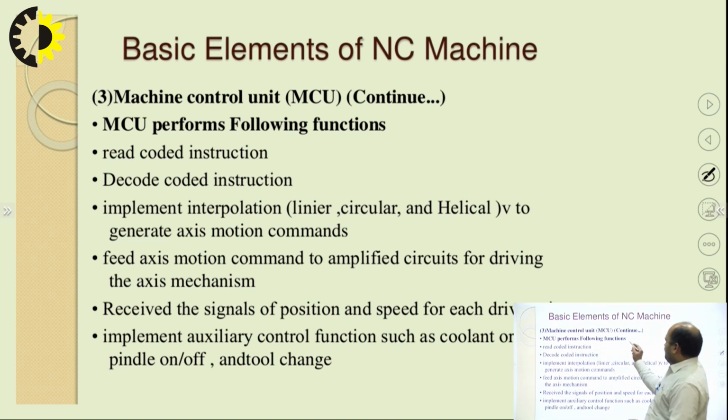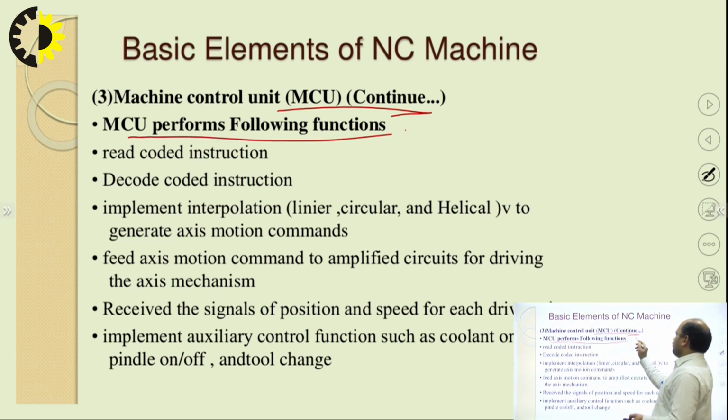If we go into detail about the MCU, the machine control unit performs the following functions.